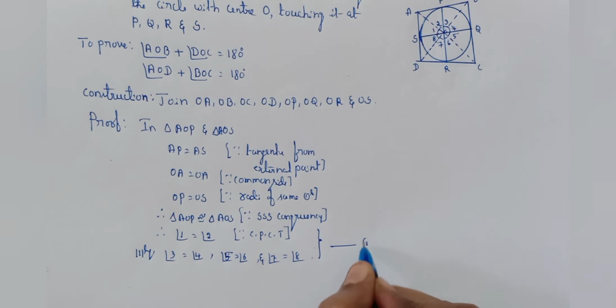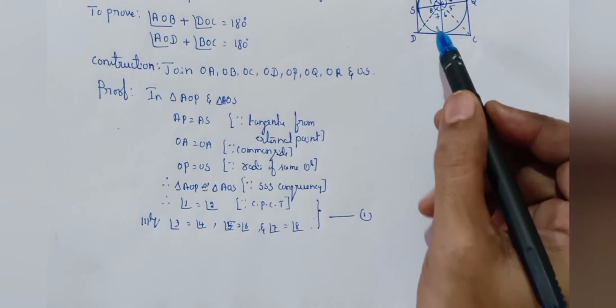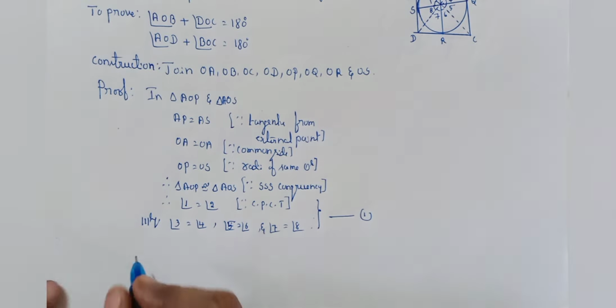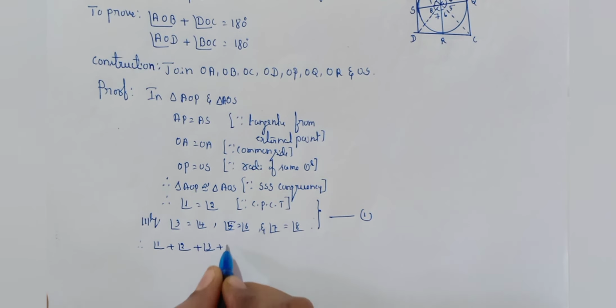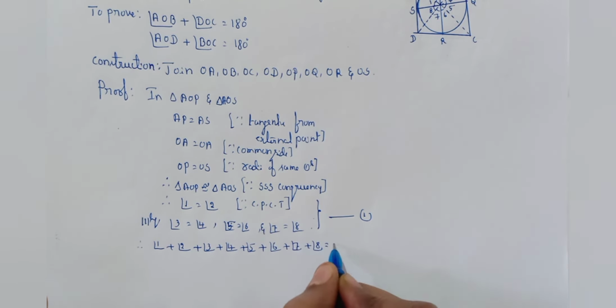Consider this as equation 1. Next, the sum of the angles at the center of a circle is 360 degree. Therefore, angle 1 plus angle 2 plus angle 3 plus angle 4 plus angle 5 plus angle 6 plus angle 7 plus angle 8 is equal to 360 degree.